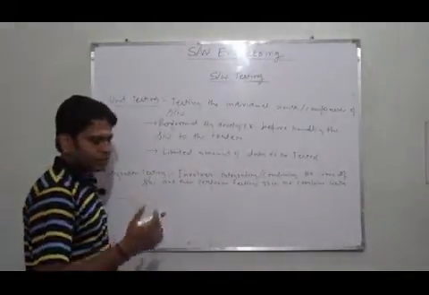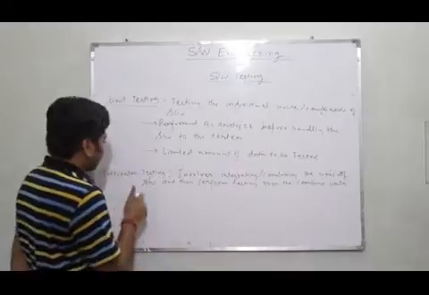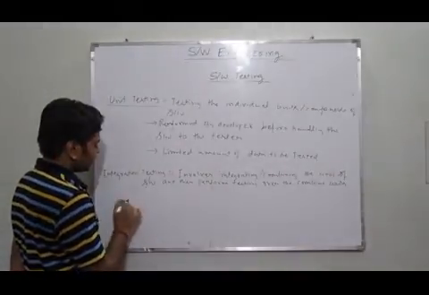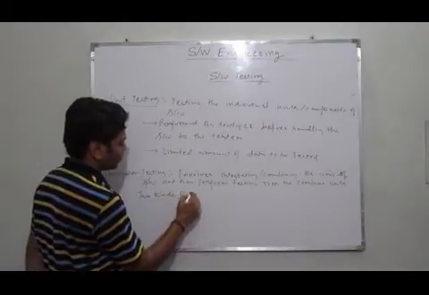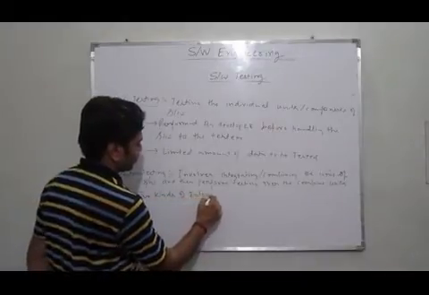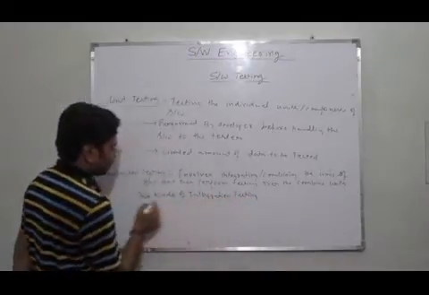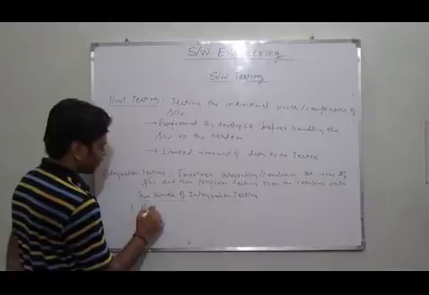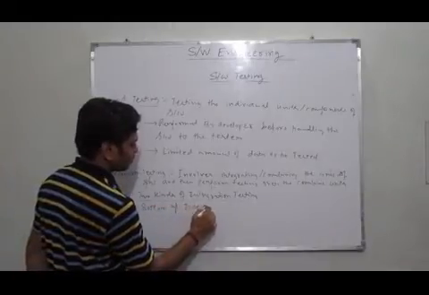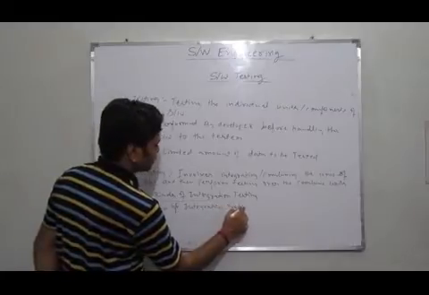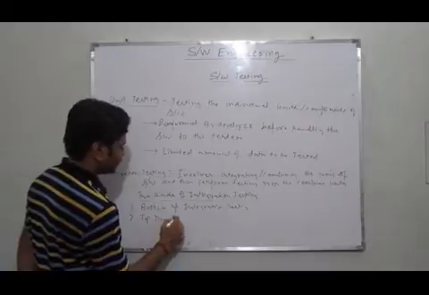We will discuss them in our coming lectures. In integration testing, basically there are two kinds of integration testing. One is bottom-up integration testing, and another is known as top-down integration testing.